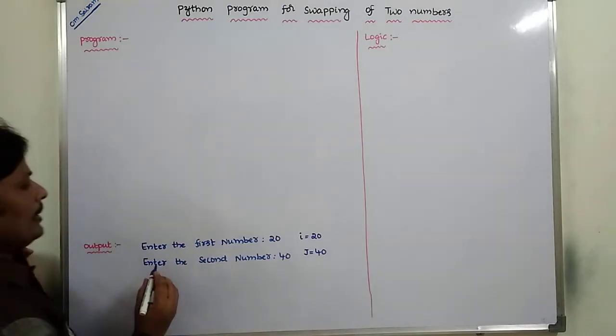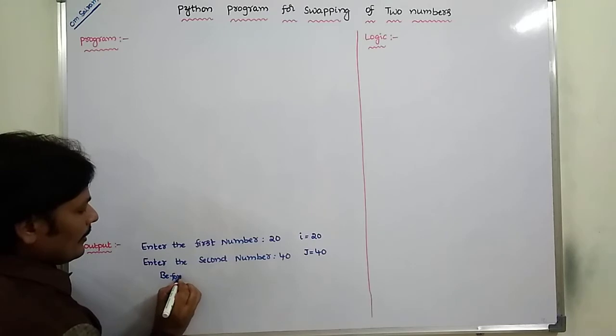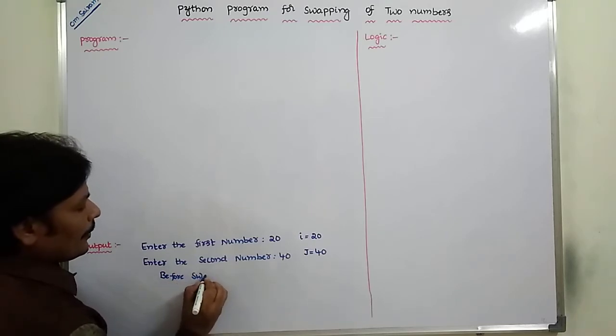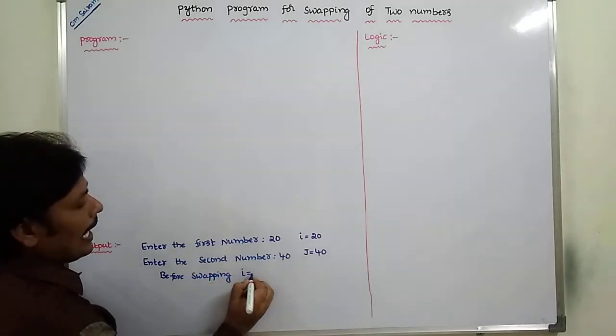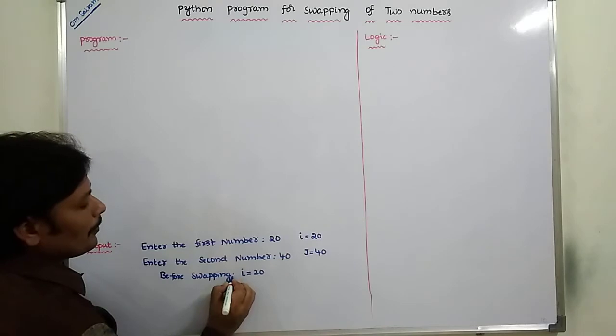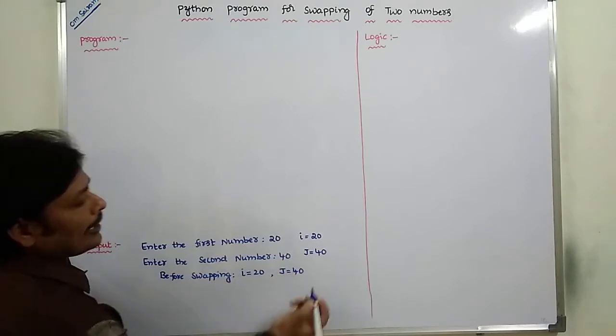Before swapping, I value is 20 and J value is equal to 40.